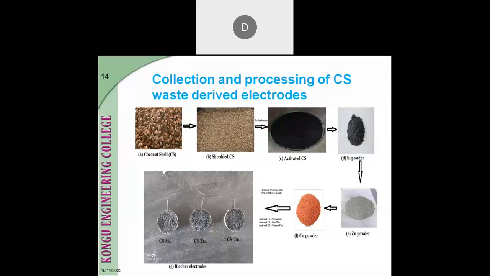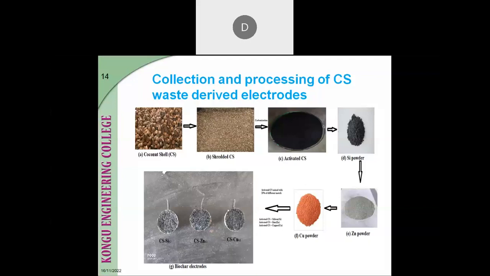Then again, as usual, the electrodes are mixed with the epoxy resin and hardener, and we have to do the curing process for the 40% metal mixed electrodes as well.